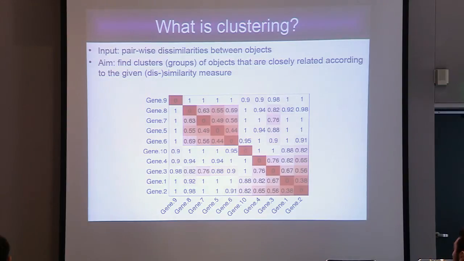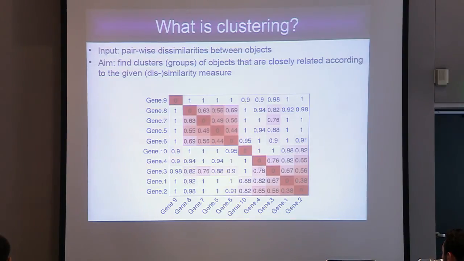And the aim is to find clusters or groups of objects that are closely related according to the given dissimilarity measure. So for example, if you look closely, you would say that probably this block here is a cluster because these four objects, genes 5, 6, 7, 8, are more closely related than the other genes are.